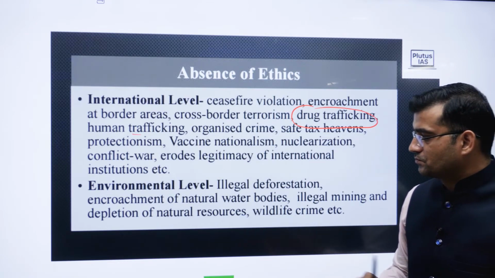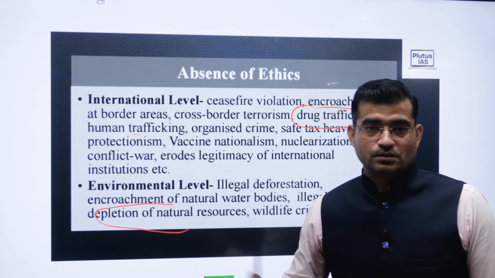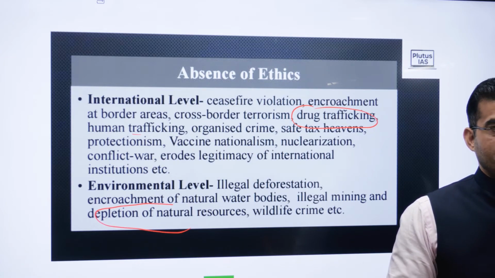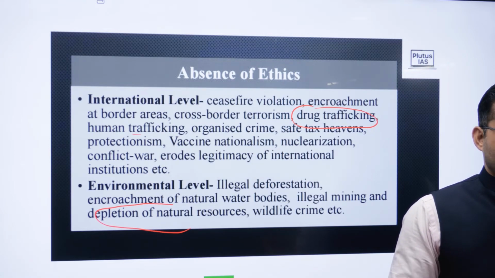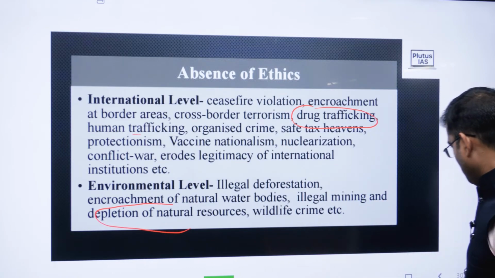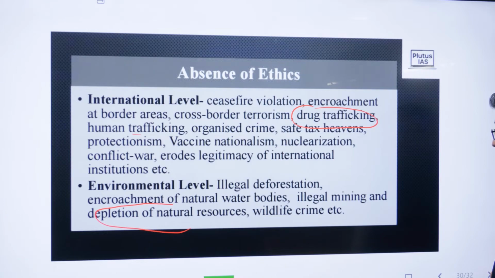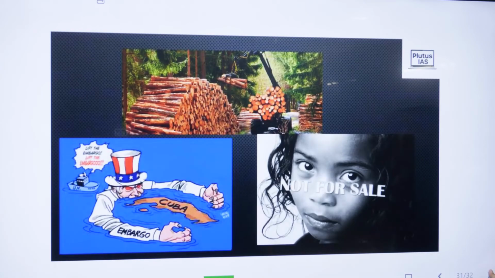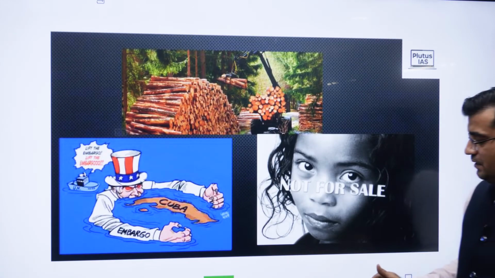Now, drug trafficking, or human trafficking, and the last one, depletion of natural resources. We can highlight that these kinds of consequences can happen if there is an absence of ethics in society. Now we have concluded the first class. All have noted, and the slide is also available, so you can manage this with the slide.